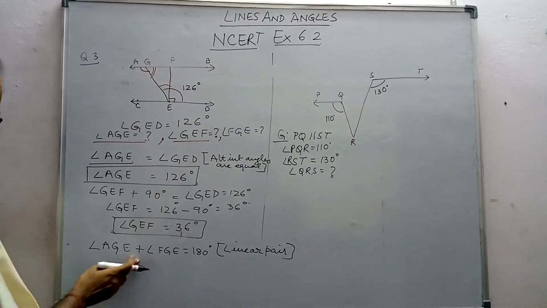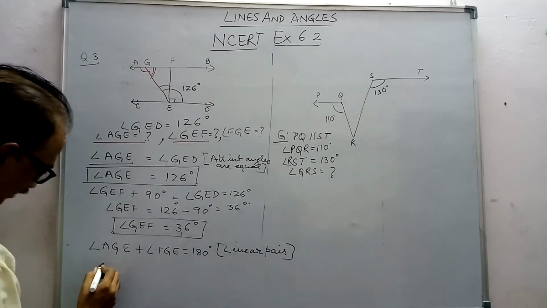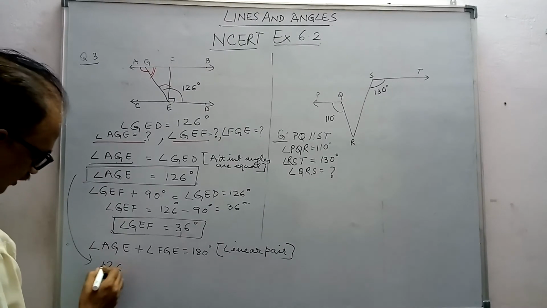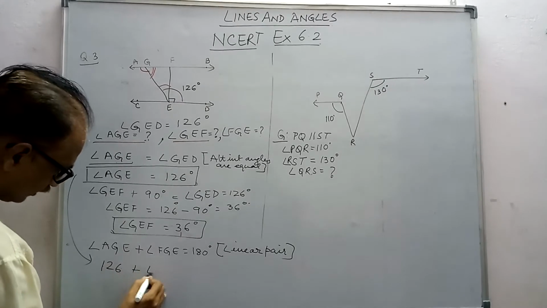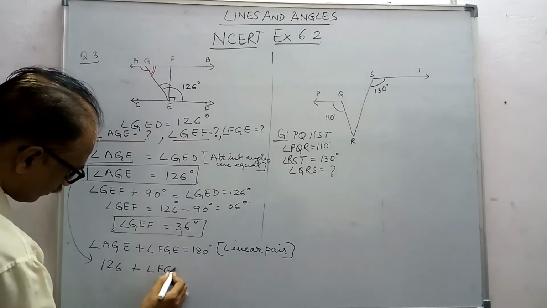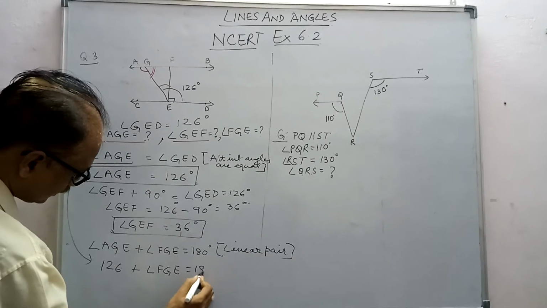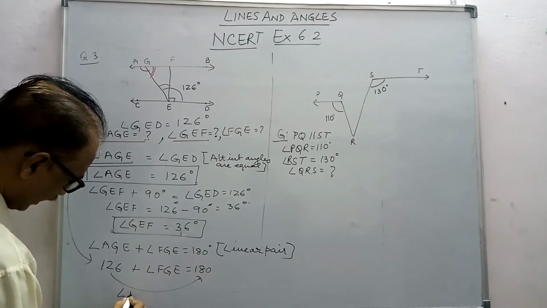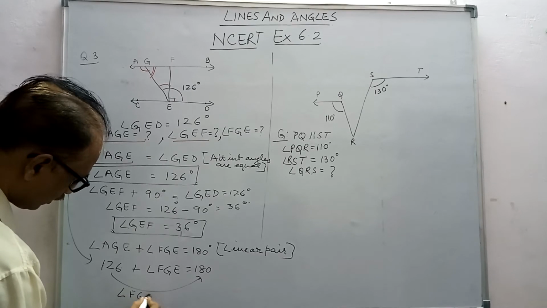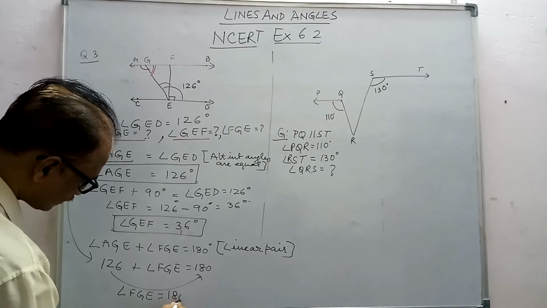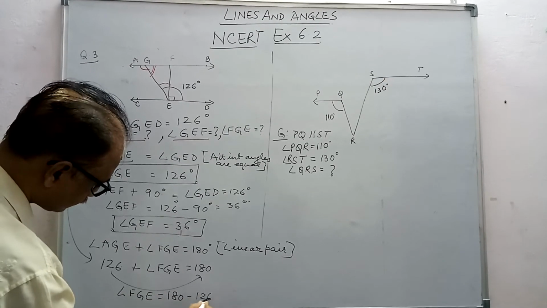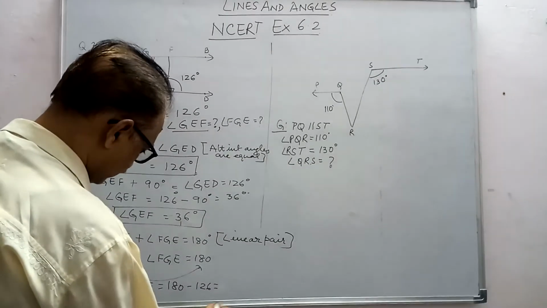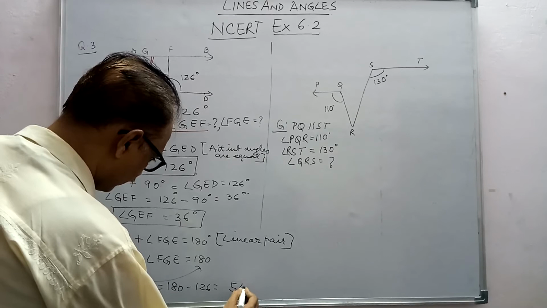Now AGE, which you calculated in the first part, comes to be 126 degrees. So from here you can copy its value: 126 degrees plus angle FGE is equal to 180 degrees. If you transpose it, angle FGE is equal to 180 minus 126 degrees, which is equal to 54 degrees.